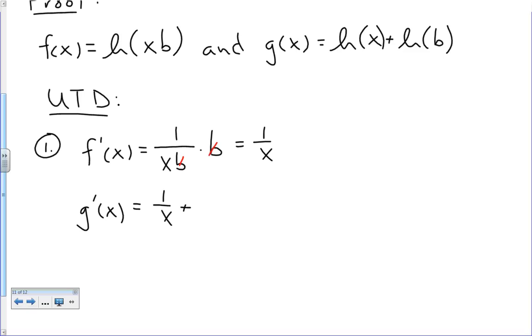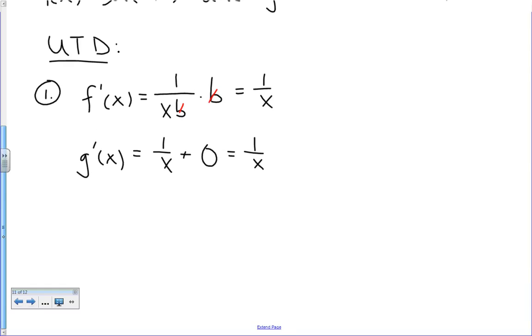Now again, b is a constant, so the ln of a constant is just going to be another constant, so its derivative is 0. So this turns out to be 1 over x as well. So the first condition for the uniqueness theorem for derivatives is satisfied here. It turns out that f prime of x is equal to g prime of x.